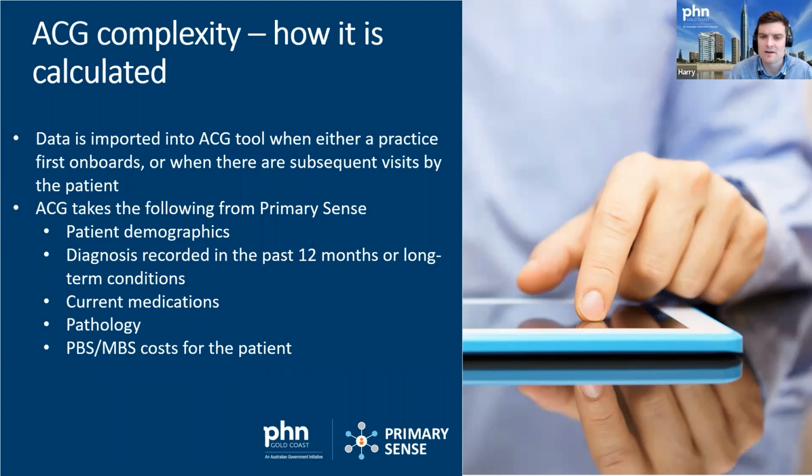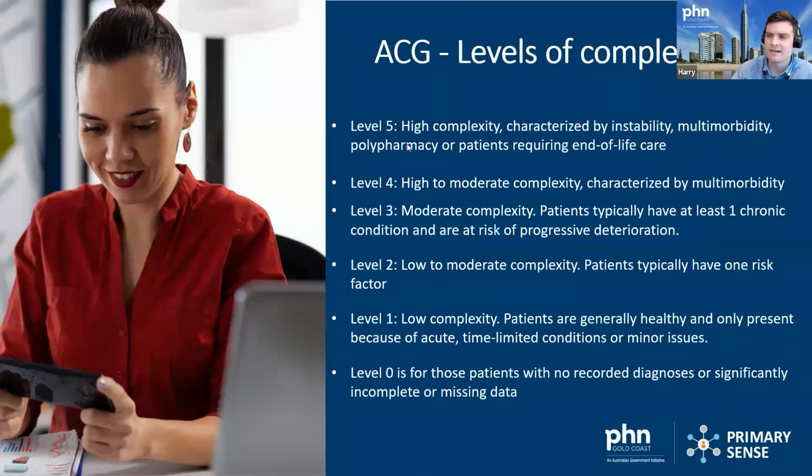The scores do vary. A level 1 score indicates a very low level of complexity with no identified risk for poor health outcomes, while level 5 is the highest complexity in the ACG tool. Patients at level 5 complexity typically have significant multi-morbidities and are at greatest risk of poor health outcomes. This slide here shows you the different levels of complexity in Primary Sense.